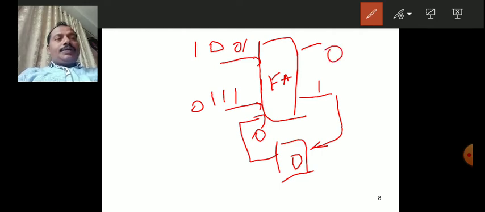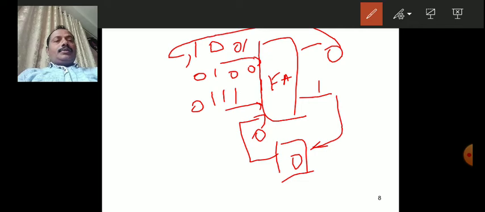So the sum bit comes and occupies the MSB position, and each other bit is shifted right. Hence the new bit pattern is 0 1 0 0. So this is the new X.